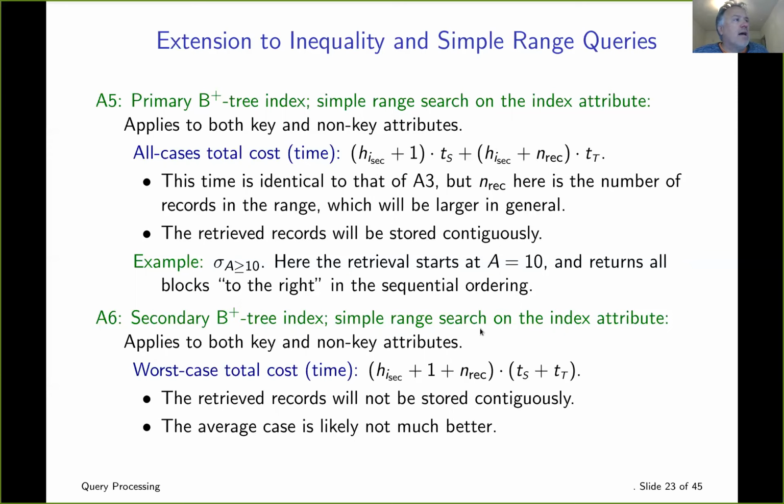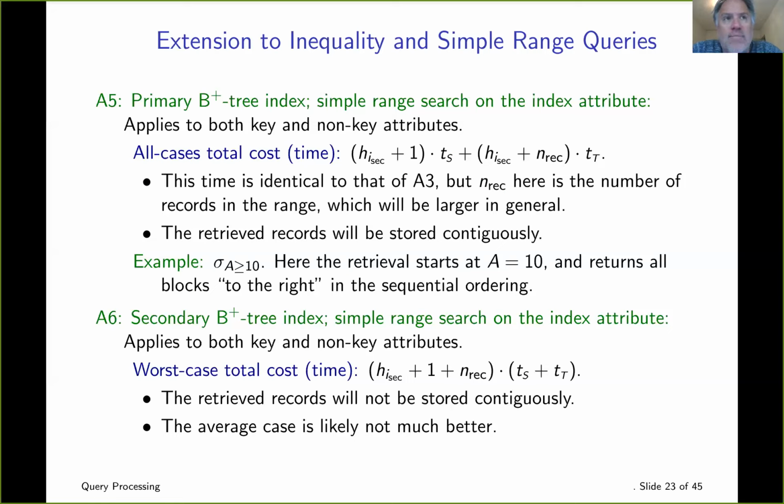Secondary B plus tree, simple range. Okay, so here's actually where we could have some problems. So if you have a secondary index, let's take name. We have a secondary index on name, and we want to get all the names whose last name starts with S and goes to T. So, Smith, we're going to get a giant range of names, but the relation itself is clustered on Person number.